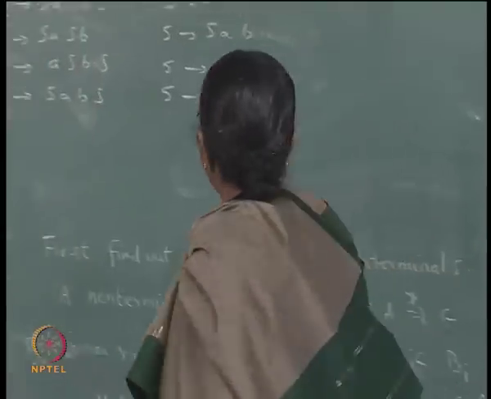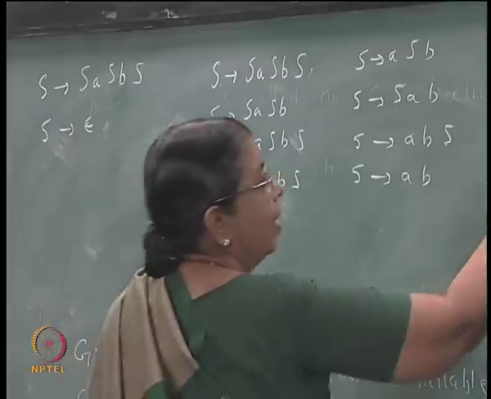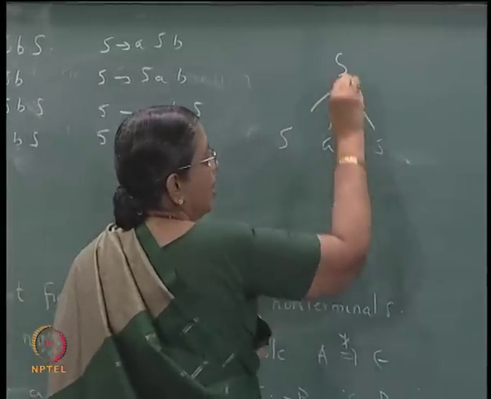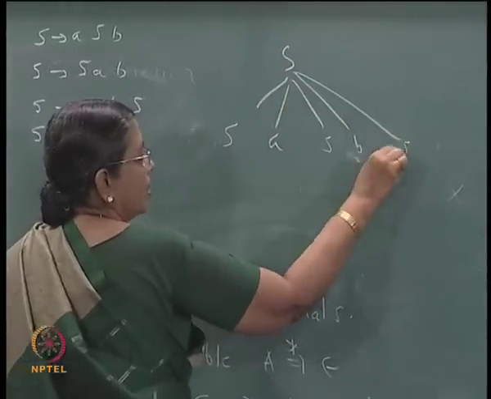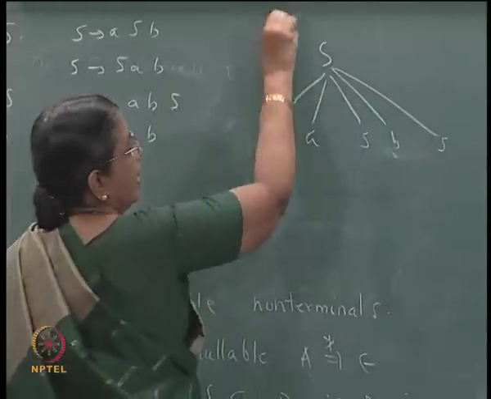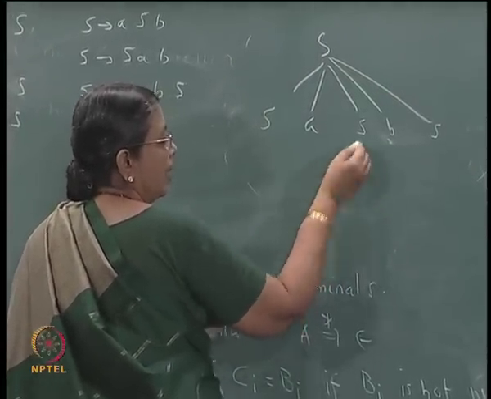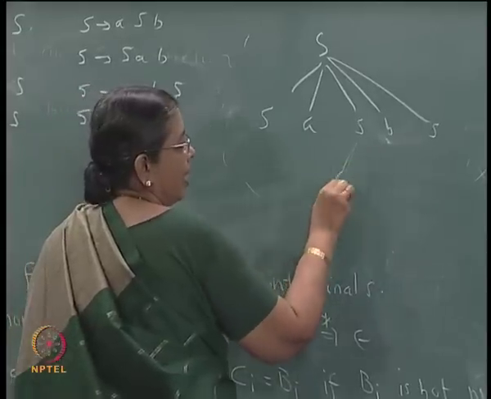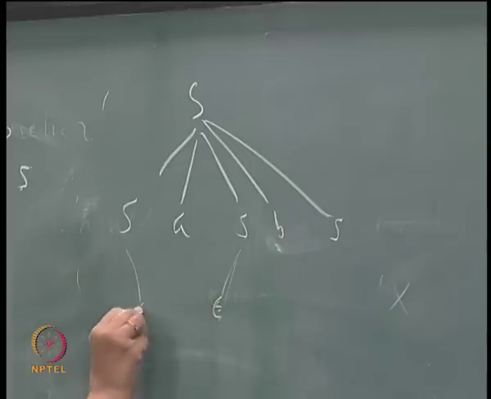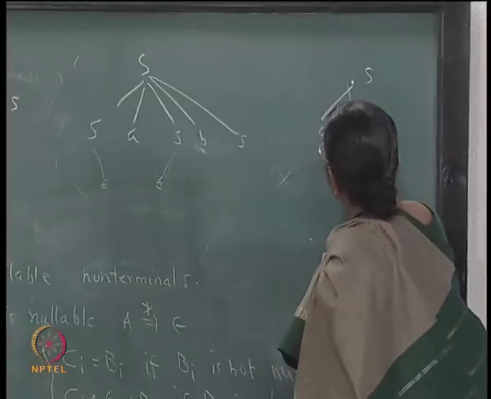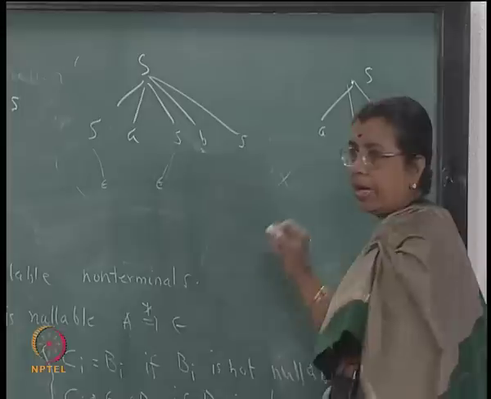But you must understand that if you are applying a rule, S goes to SA, SB, S at some stage in the derivation tree, and afterwards you are replacing this by S, epsilon and so on, and this by epsilon say. Instead of doing this, you could have applied A, B, S, right, you could have applied this rule.